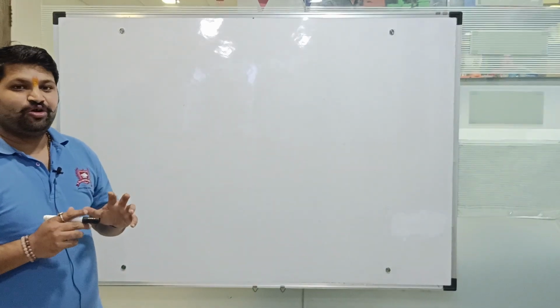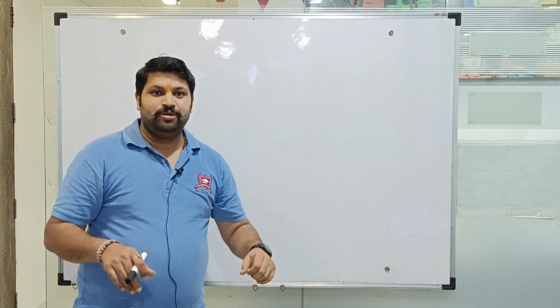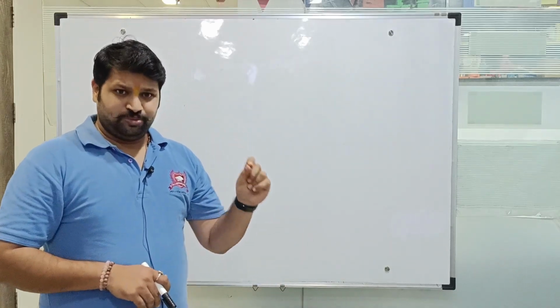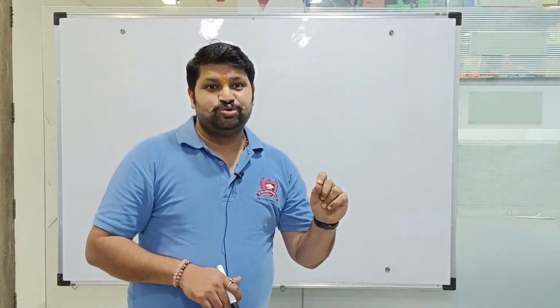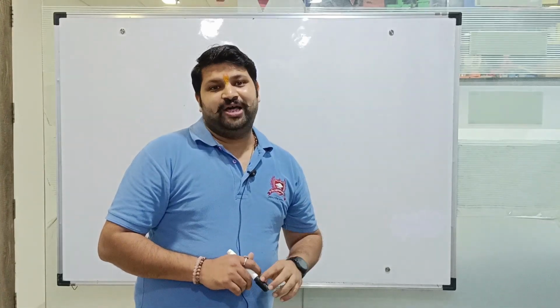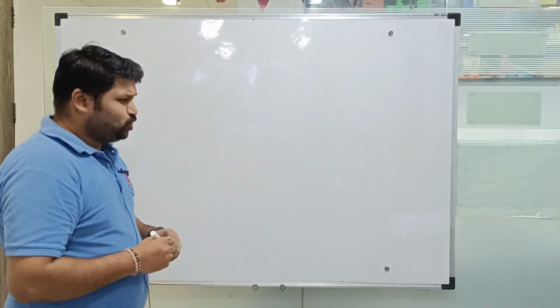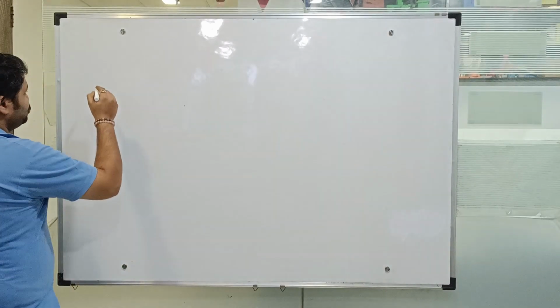Now the first thing we are going to do is draw an empty table, and then I'm going to teach you a small trick which we can use to remember all the values. So let us go ahead and have our 6 ratios written.